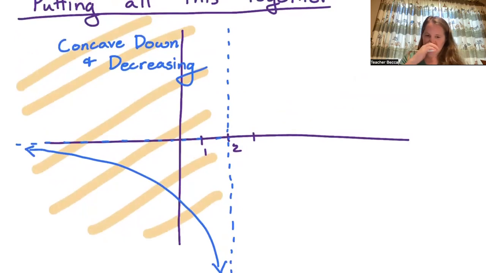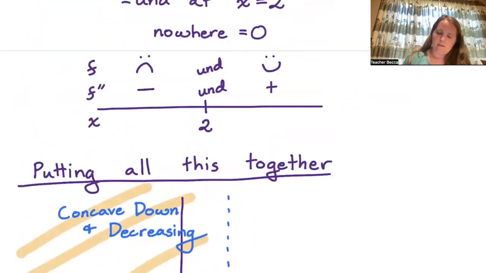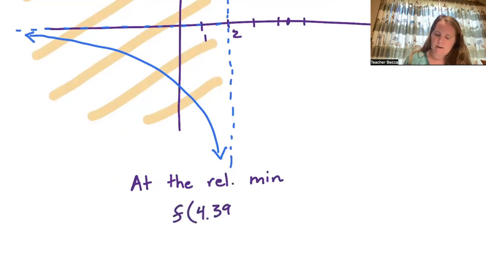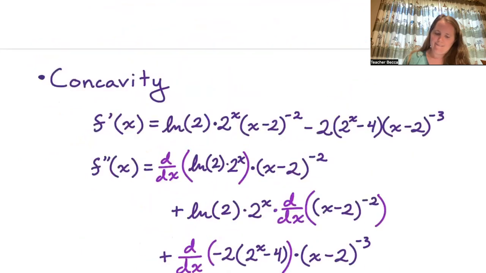Our next point of interest is at about 4.399. Our next point of interest was a relative minimum. We don't know the y value for that. We can plug it in to find out. So at the relative min, f of 4.399, or was it 299? 299.